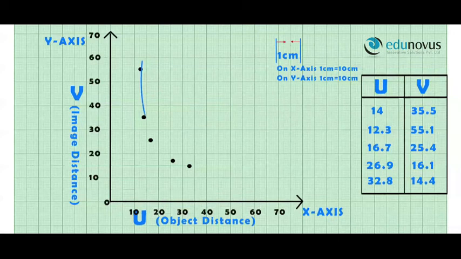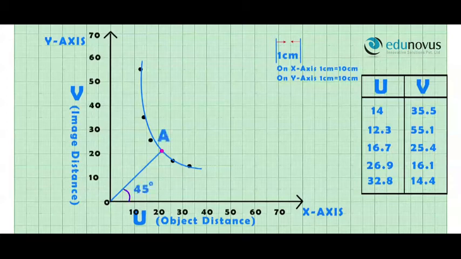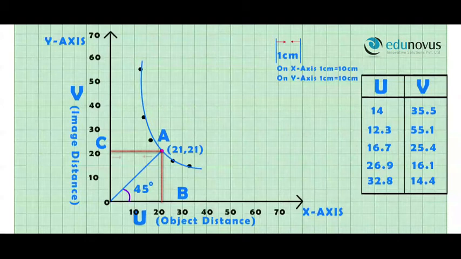The graph comes out to be a rectangular hyperbola. A line drawn at an angle 45 degrees to both x and y axis meets the rectangular hyperbola at A. AC and AB are perpendiculars drawn onto both axes. The values of AB and AC are same, each being equal to 2f.